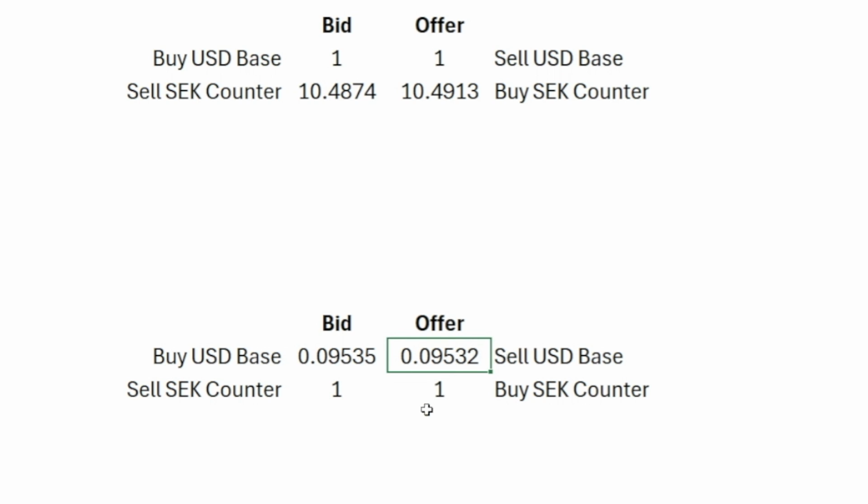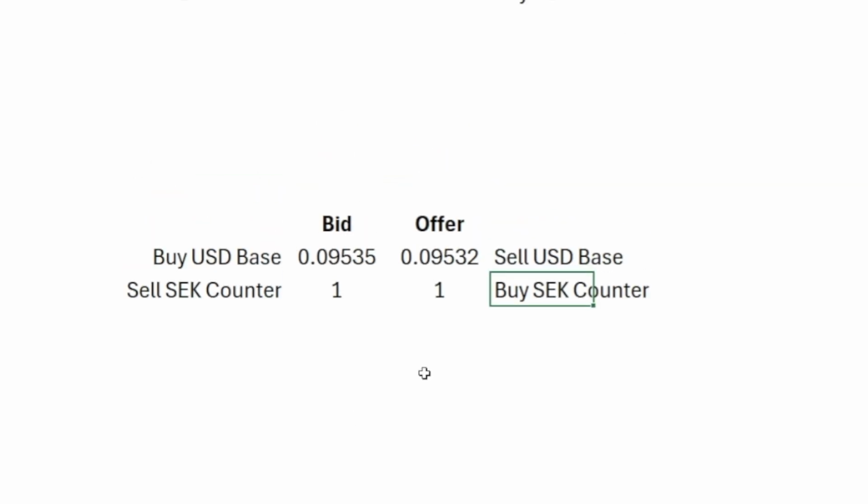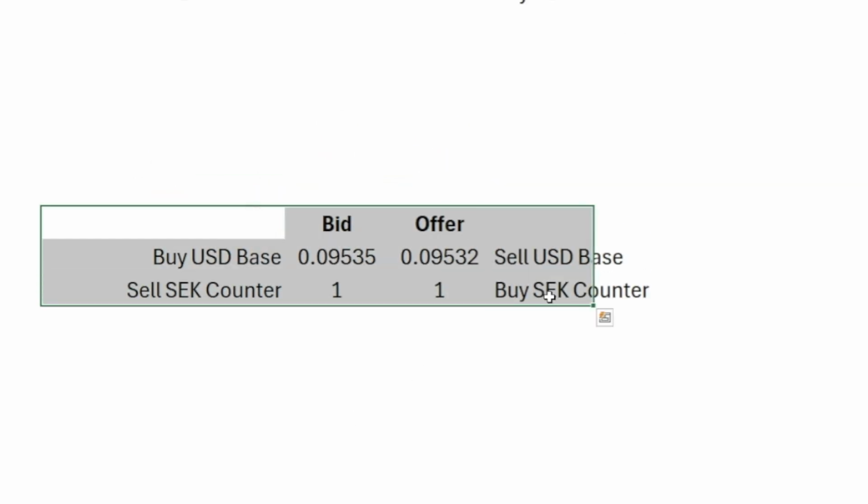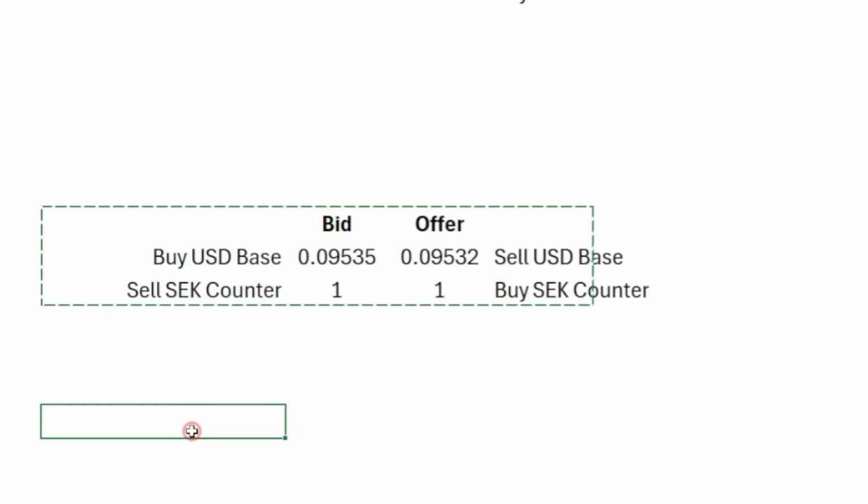What we have done, however, is inverted from buying USD as the base currency to a rate where we have recalculated the base, and the base now becomes the Swedish krona. Therefore, this particular currency pair will in actual fact look as follows.